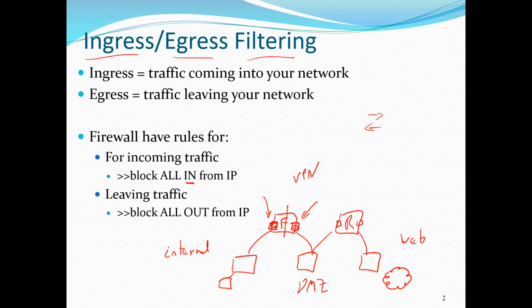Once you know the interface and the direction you care about, you say either block all in from IP, which implies incoming traffic, or block all out traffic from IP. The IP can be a specific IP or a subnet, etc. As we get into the lab, we'll see how that works. That's the whole point of the labs: we'll implement some of these rules going forward.